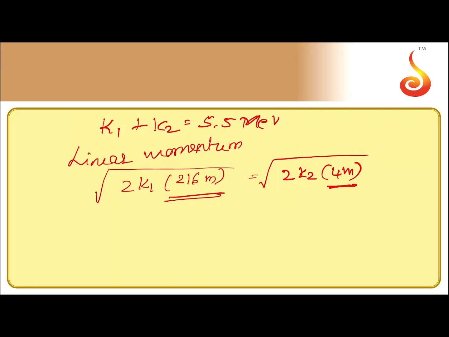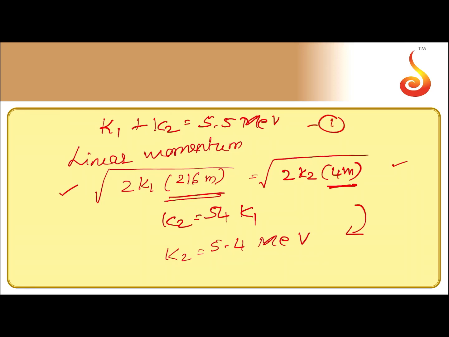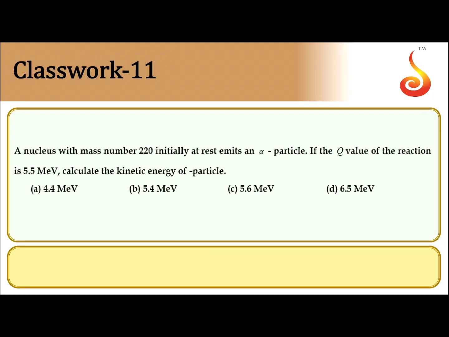What is this 4m? The mass of the ejected particle. So momentum of the remaining part and that of the ejected part must be same. So I have K2 is equal to 54 K1 from this equation, or K2 is equal to 5.4 million electron volt. We know the value of K2, so I can go to equation 1 and simplify to get K2 as 5.4 million electron volts. B is our correct choice.